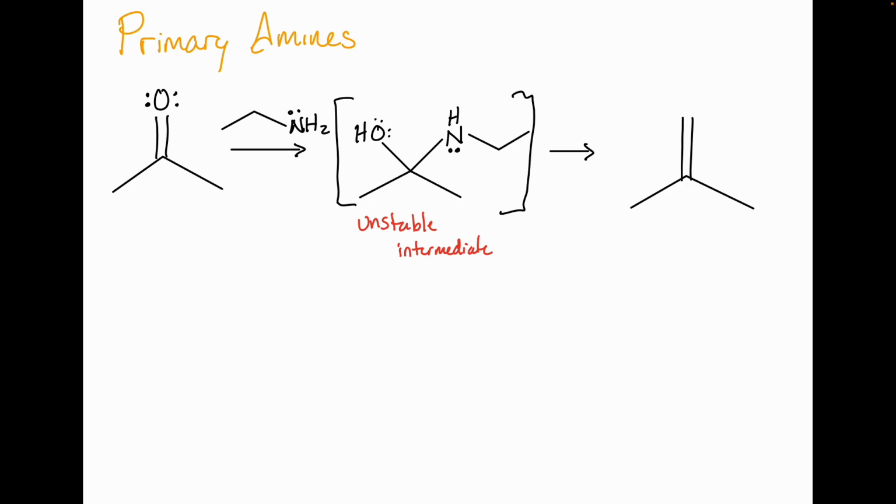All right, and what we're going to create is now a carbon-nitrogen double bond. This is a molecule we call not an amine with an A, but an imine with an I. Just flip this around.